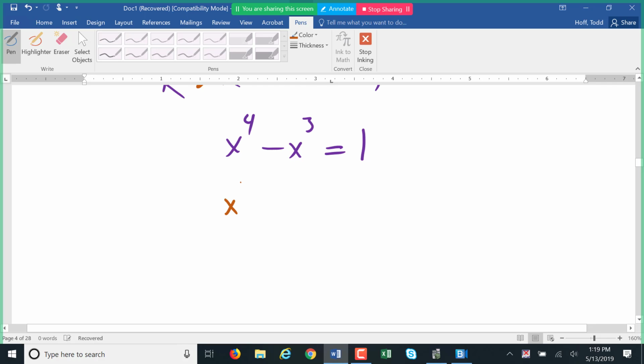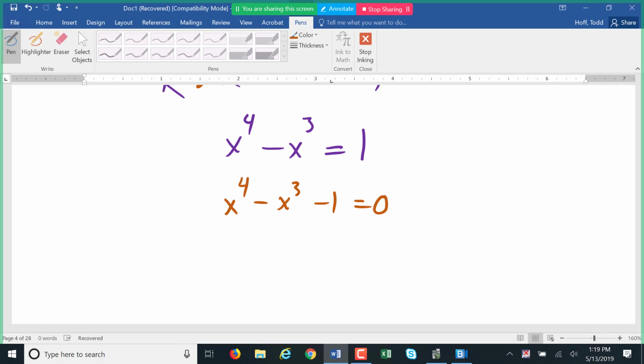It would be x to the fourth minus x to the third minus 1 equals 0. And unfortunately, that is not an equation that we are capable of solving at this time. So we would be stopping right there for now. Any questions?